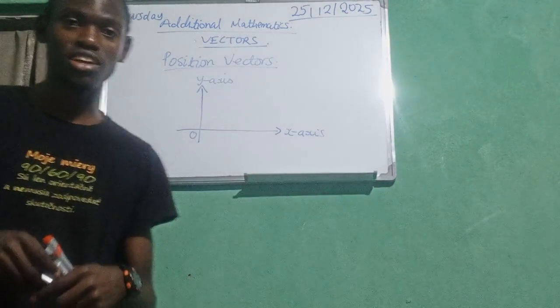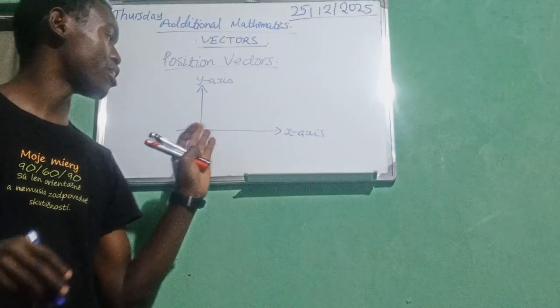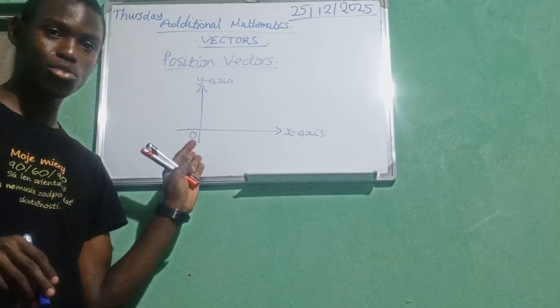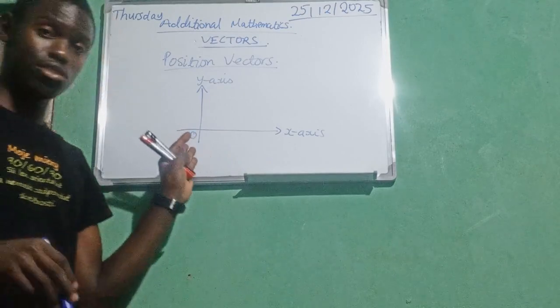Now, position vectors are vectors that start from the origin. This O right there, (0, 0), is the origin.